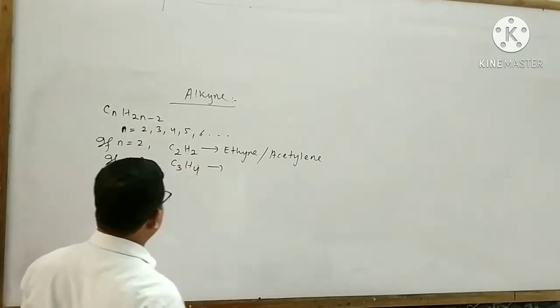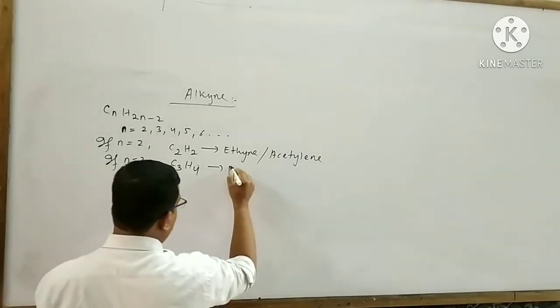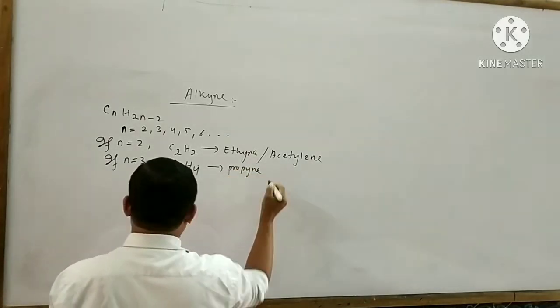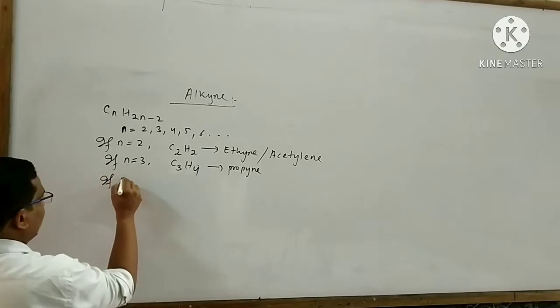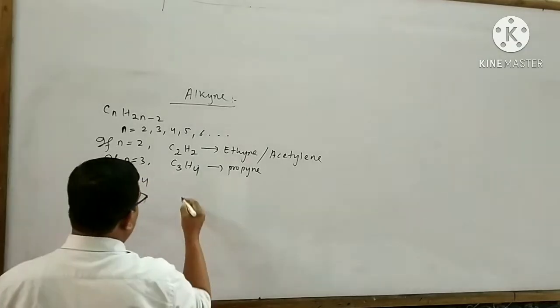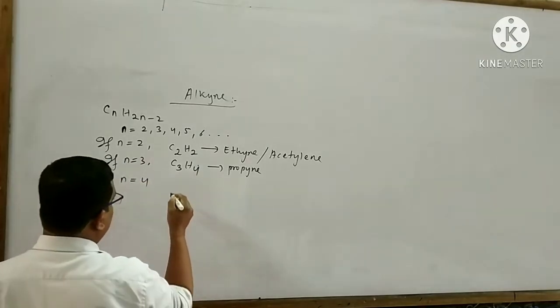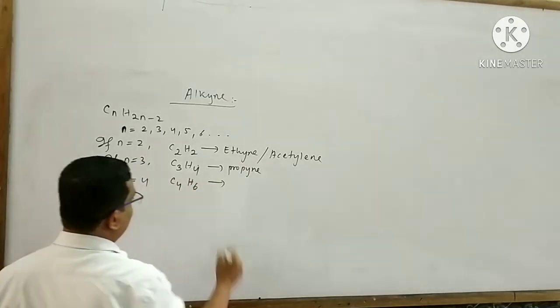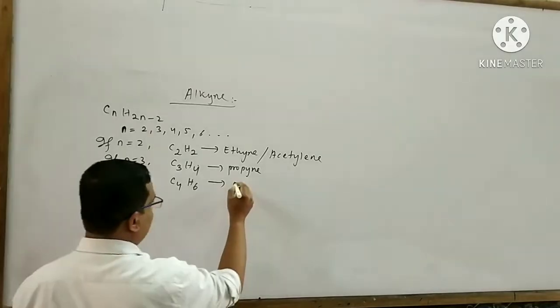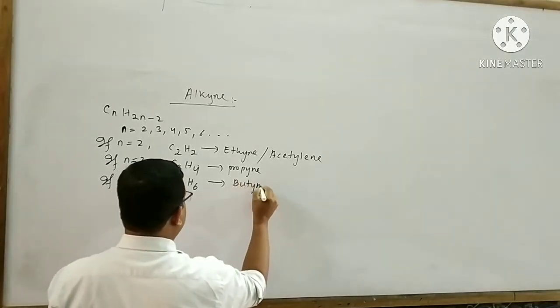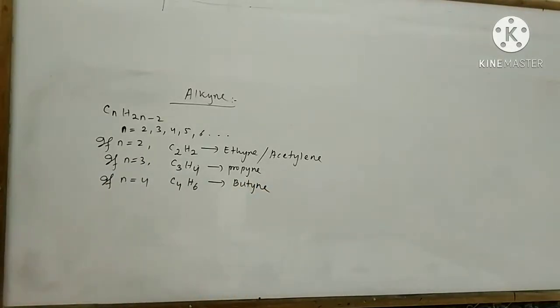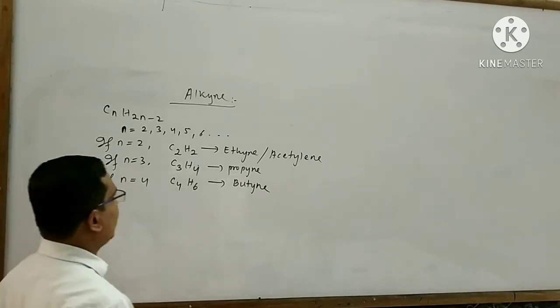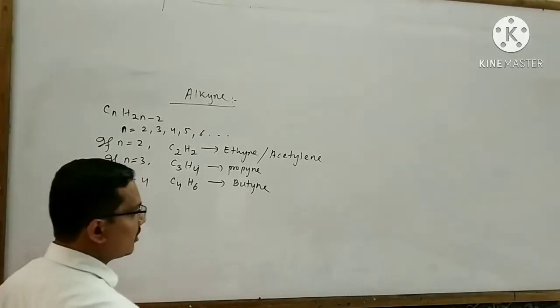The name of this alkyne is said to be propyne. Similarly, if n equals 4, then the alkyne is C4H6. The name of this alkyne is said to be butyne. By putting the value of n, we can find different types of alkynes.